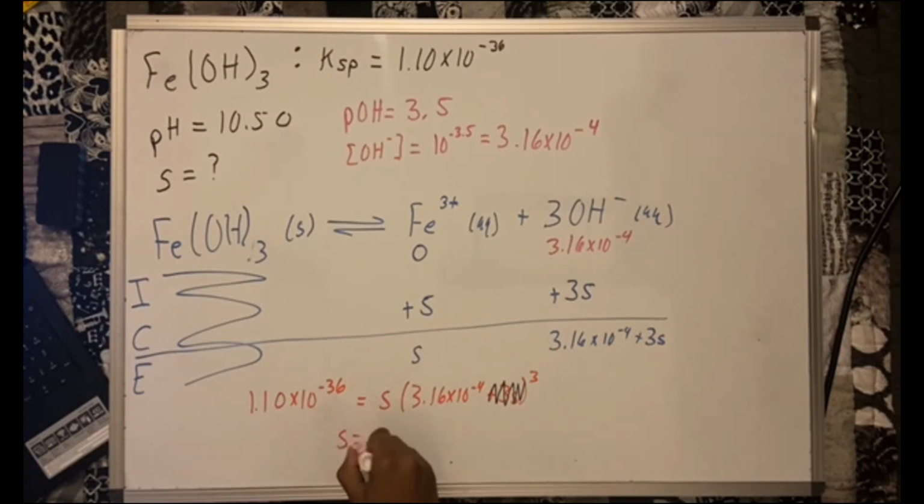Okay, all right, so we can solve for S now. So my S is going to be 1.10 times 10 to the negative 36 divided by 3.16 times 10 to the negative 4, cubed.